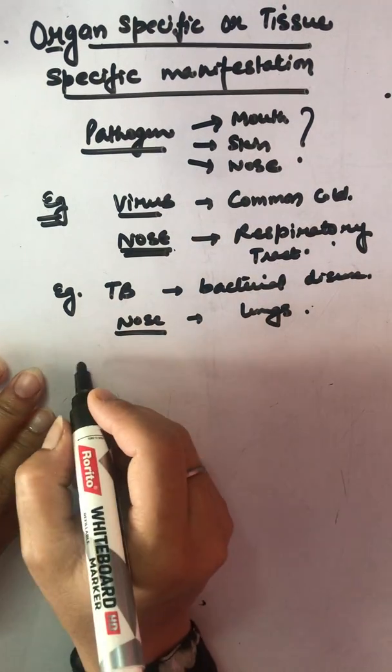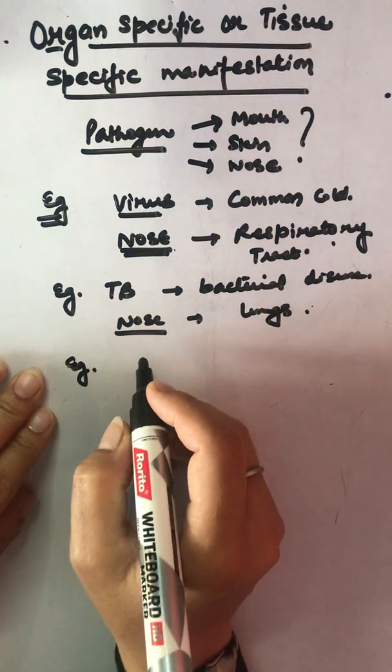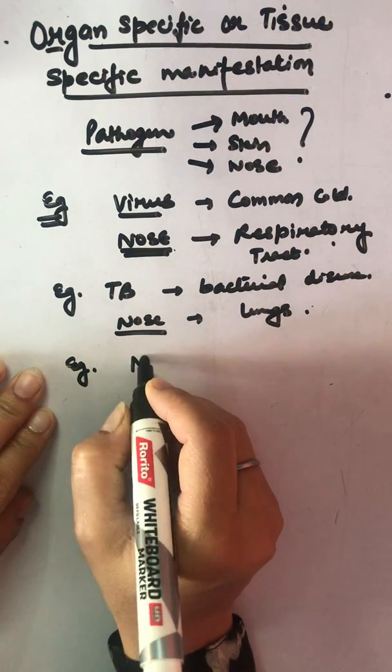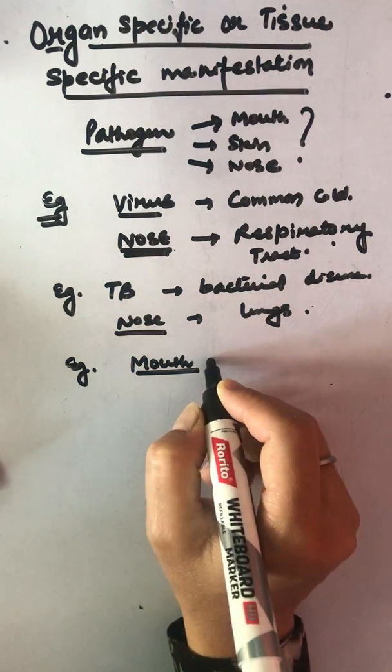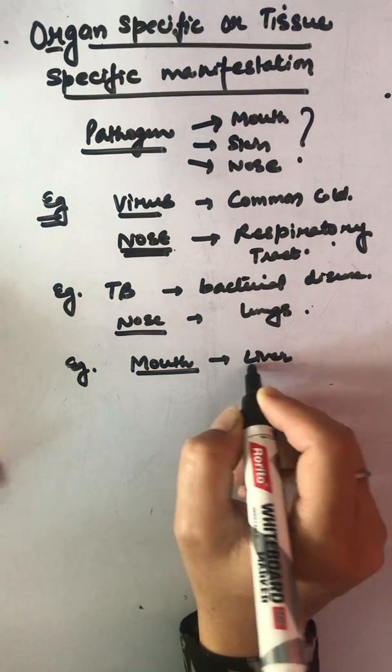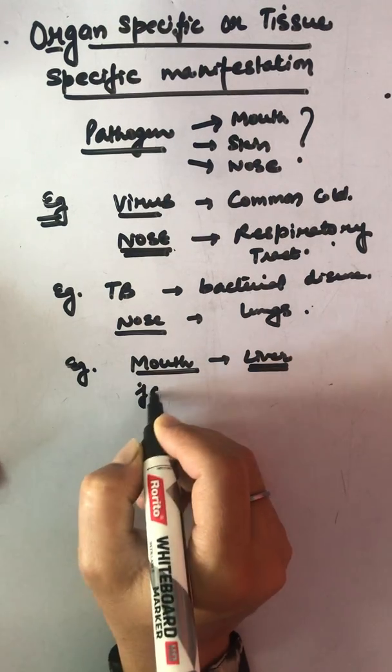Then if it enters through mouth, any antigen that enters through mouth, if it is a waterborne disease, then they are most likely to affect our liver. Example, jaundice.